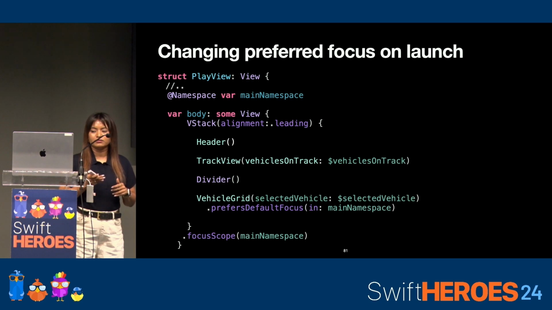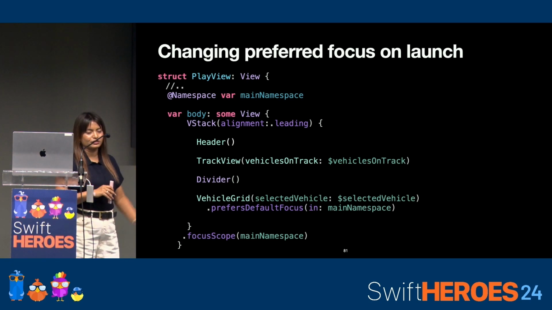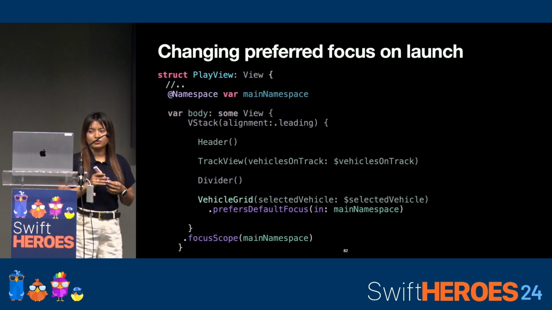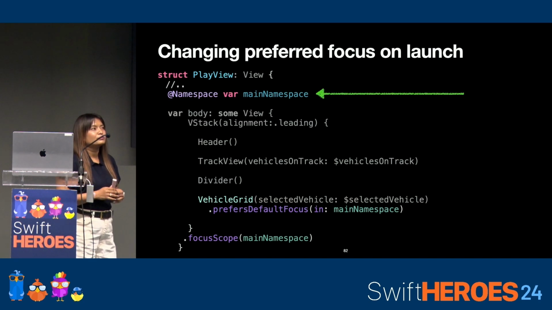There are a few steps. This is, by the way, my play view. The play view is a vertical stack of the header, the track, and then the grid. As we saw before, the first thing I'm going to do is define a namespace. You can think of namespaces as context.